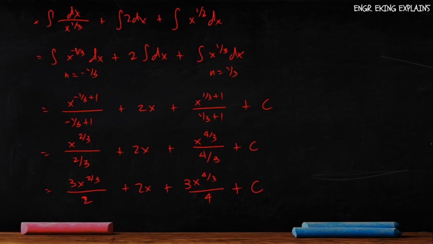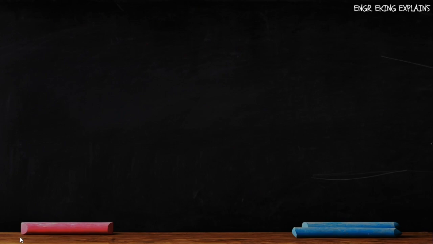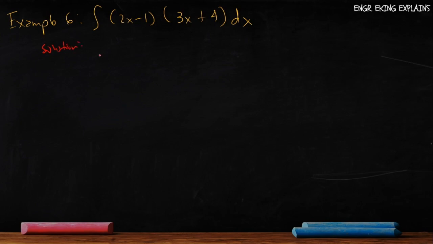Okay, so we'll have another example. So we have this one, solution for this one. We have 2x minus 1 times 3x plus 4 dx. So we need to first expand this one. So 2x minus 1, 3x plus 4. So this will be negative 4.